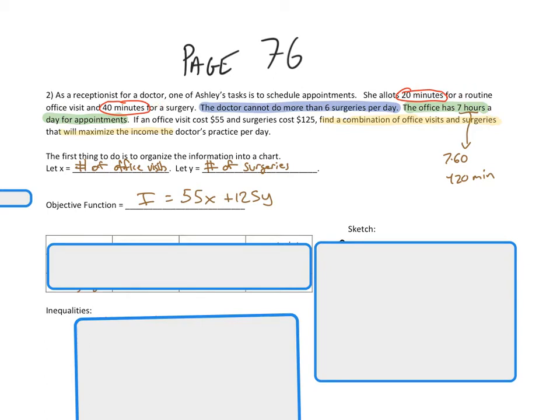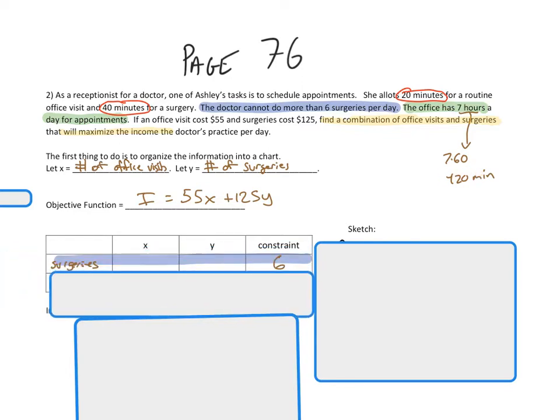So we've got to either convert hours to minutes or minutes to hours. I'd much rather deal with a bigger number of minutes, like 7 hours times 60 is 420 minutes, than 1/3 of an hour and 2/3 of an hour. We don't need to make our lives harder than they have to be. So let's make that 420 minutes.